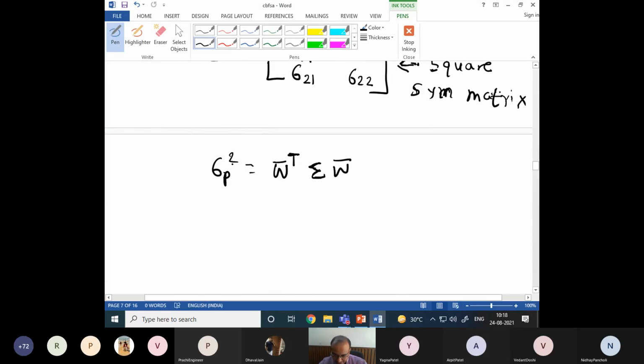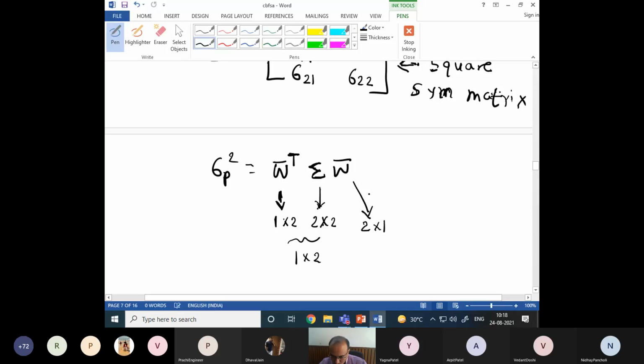You can verify this. Also, you can check it by dimension. The dimension of W transpose is how much? It is having 1 row and 2 columns. The sigma matrix is 2 cross 2 here. So their multiplication will result in 1 cross 2, and this matrix W is of dimension 2 cross 1.